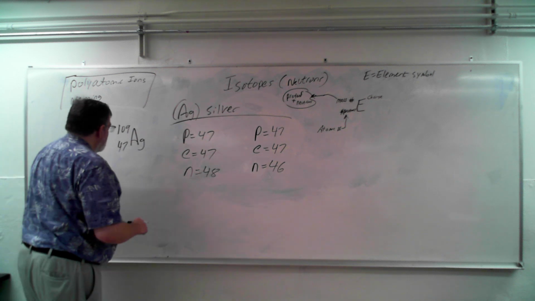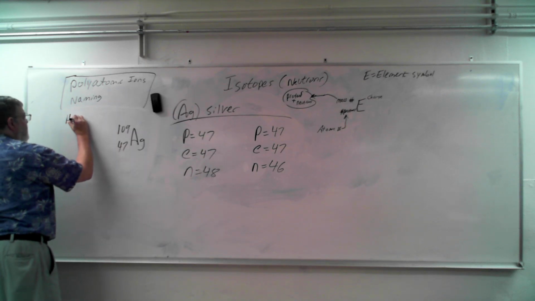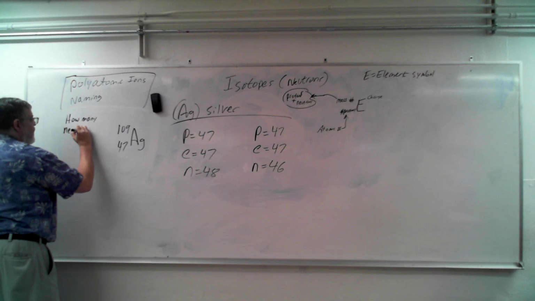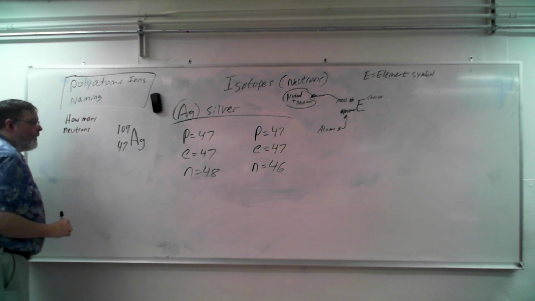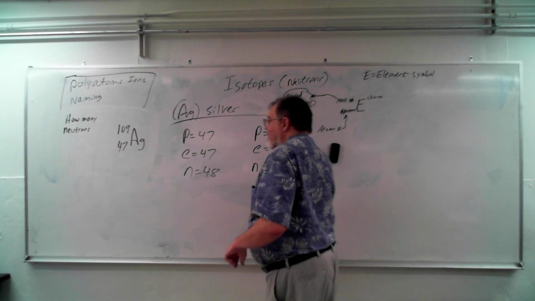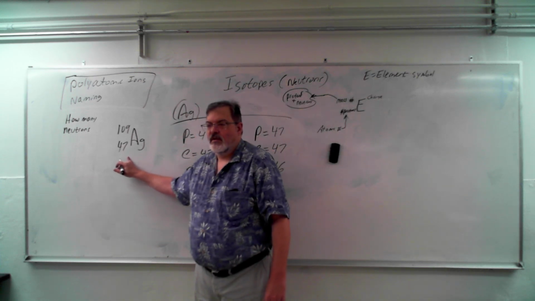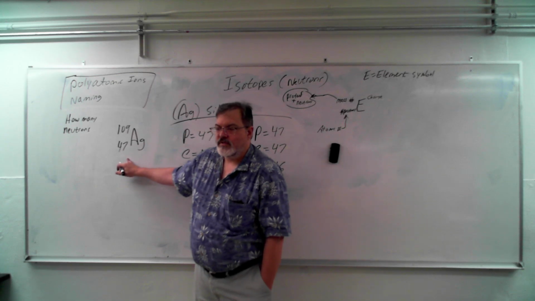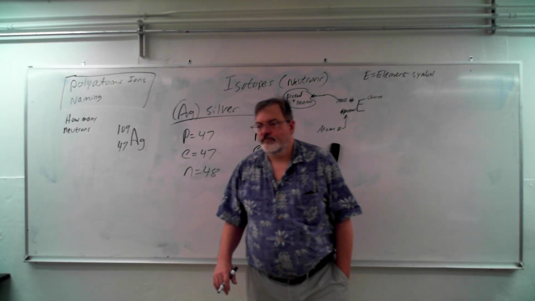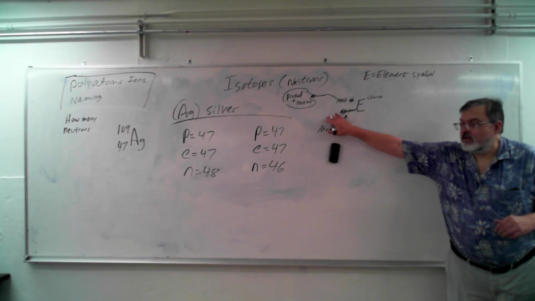All right. So if you see a symbol like that, and I say, how many neutrons does this particular isotope of silver have, based on this definition?